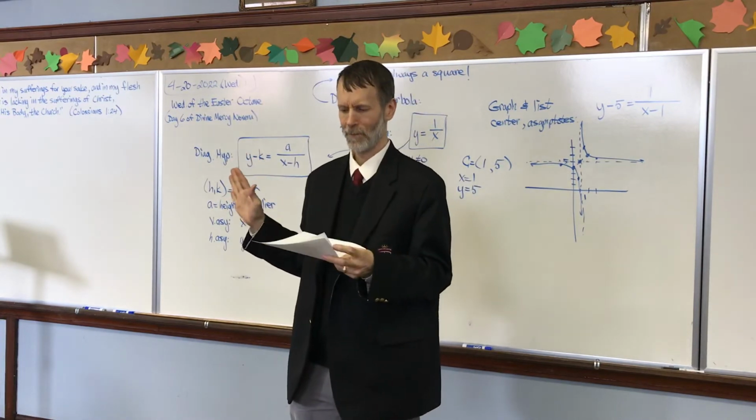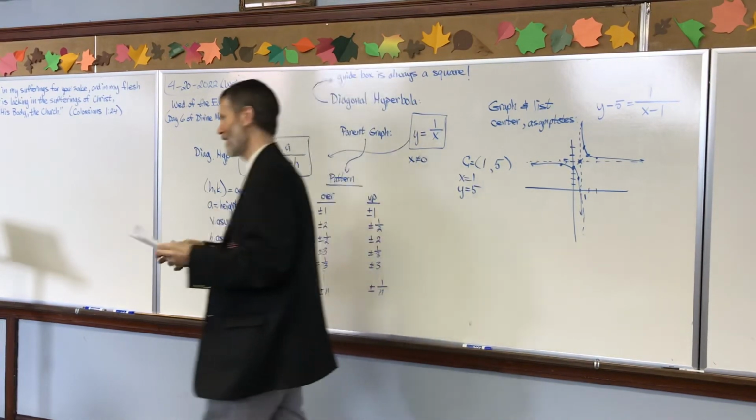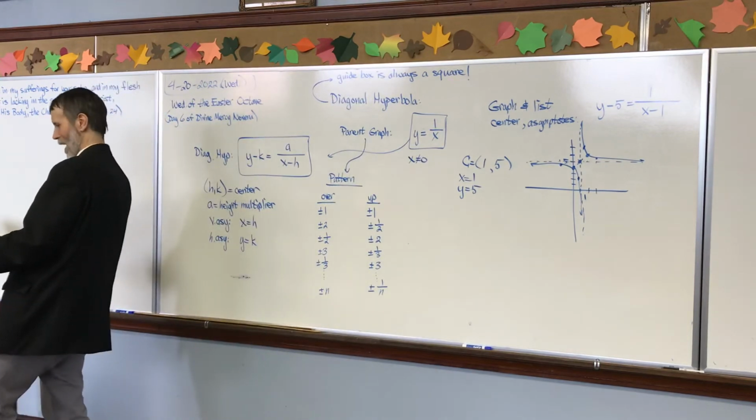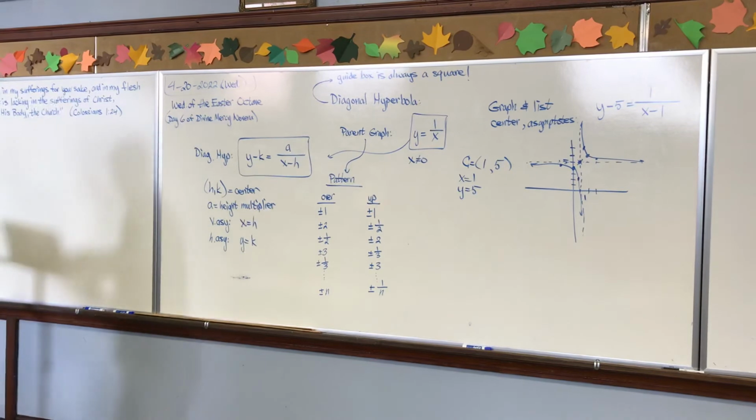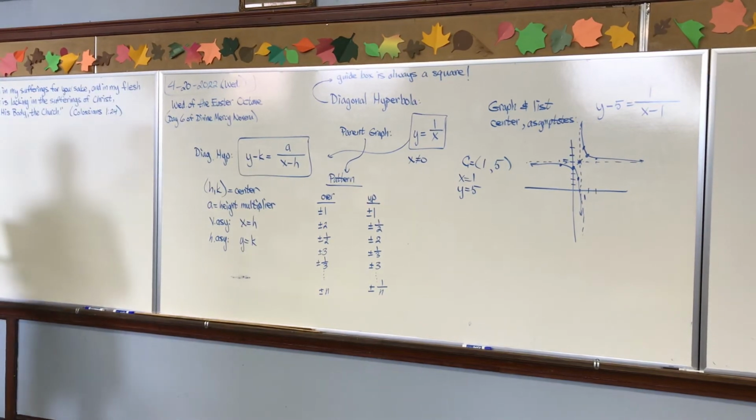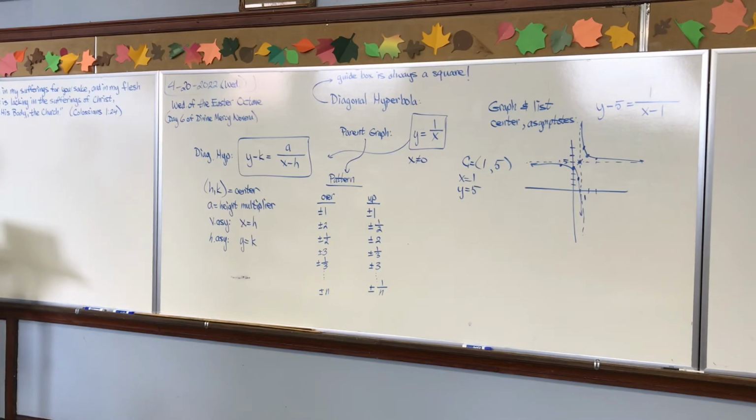Does that make sense? I do want to show you one last thing. I want to do number 2 together. Some of these are not quite in the right, actually hold on. I'm going to do number 4. Number 4 is a little more involved.